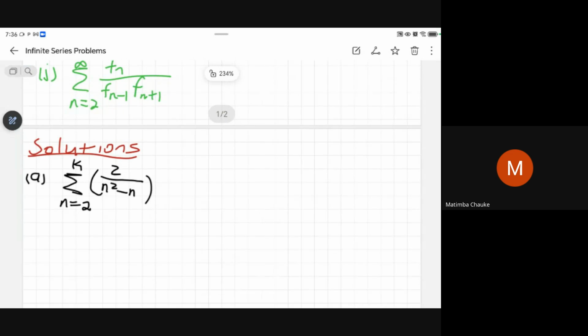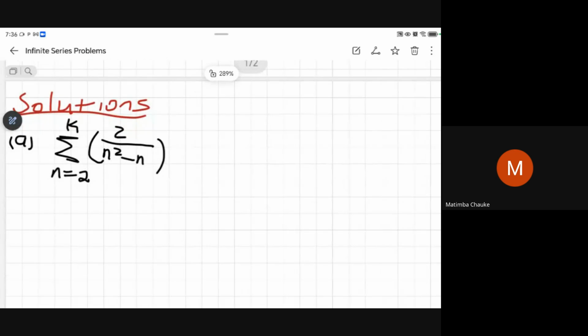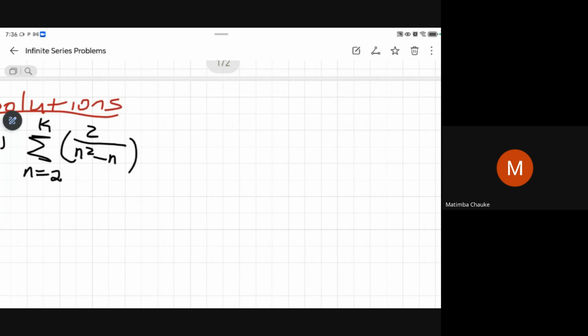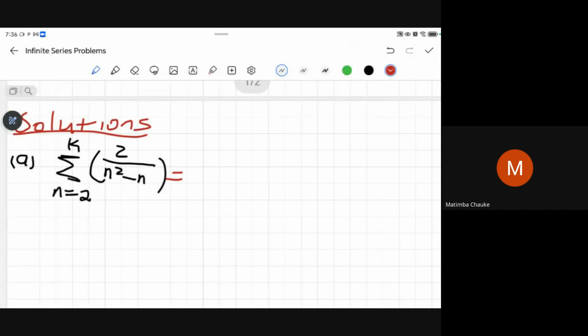So this question goes to k. Since the question goes to k, we know once we expand it, let's say our question expanded, right? If I plug 2 in the denominator, 2 over 4 minus 2 is 1.